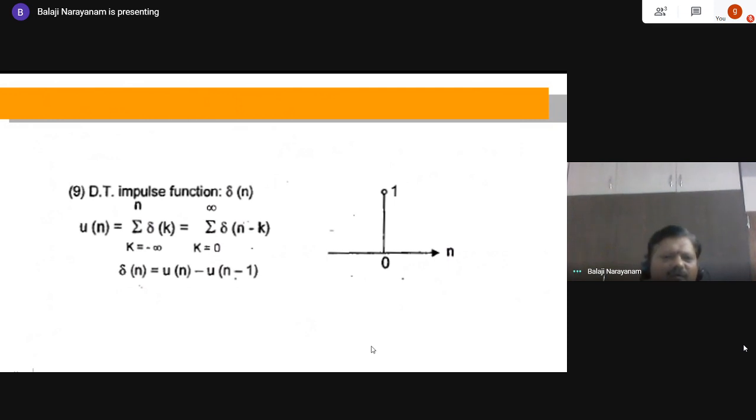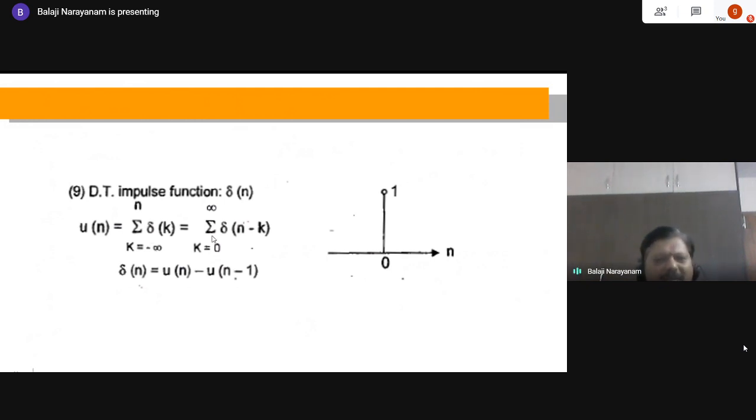Here again we are going to have a relation between the impulse function and the unit step function. Suppose u of n we want to express in terms of the impulse, as the sum over k equal to -infinity to n of delta of k. And as we clearly know, delta of k exists only from 0 to n.